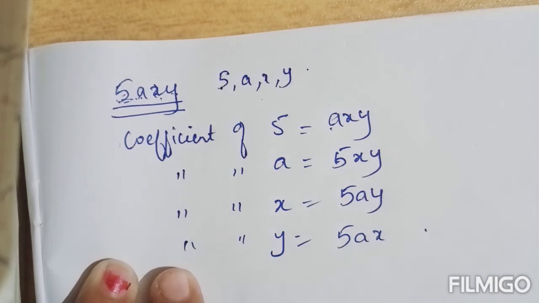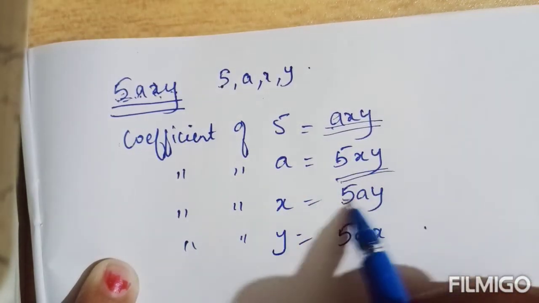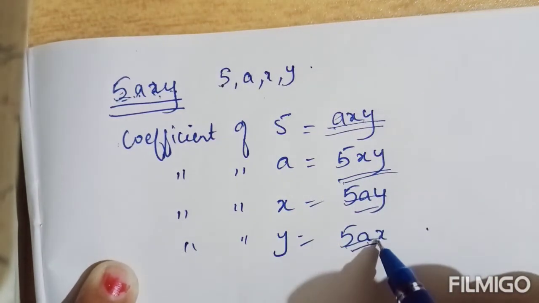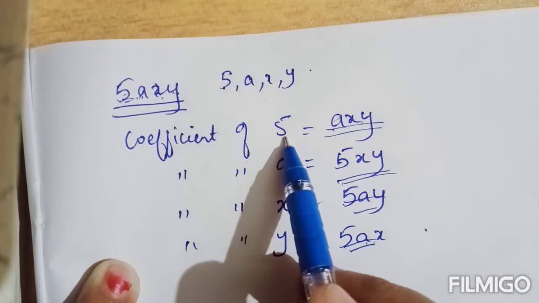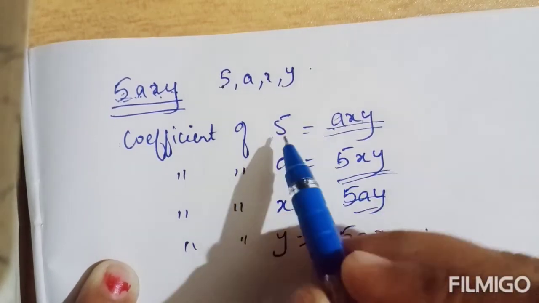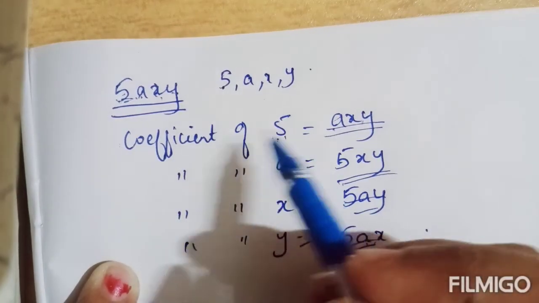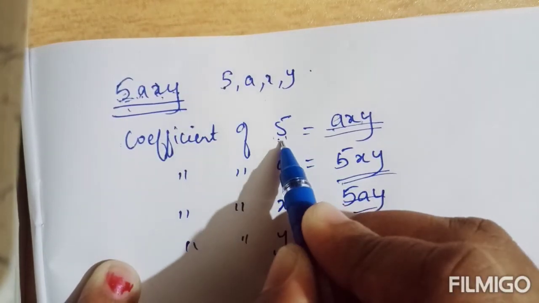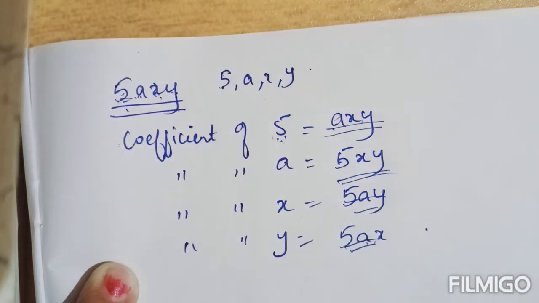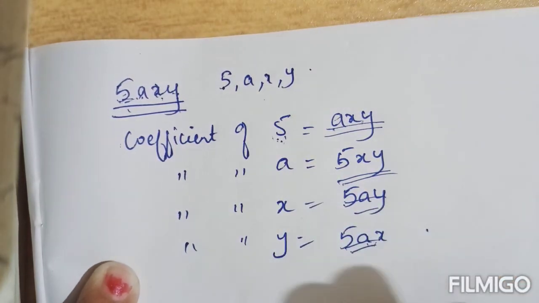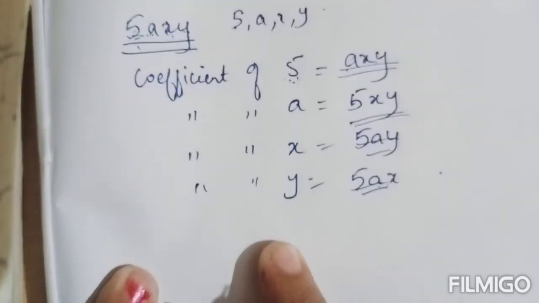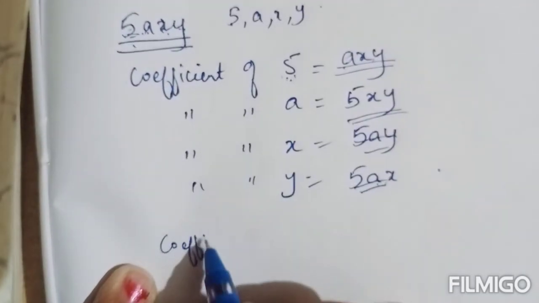So any factor or group of factors of a product is the coefficient of the remaining factors. The coefficient of a factor means the remaining factors of that product.